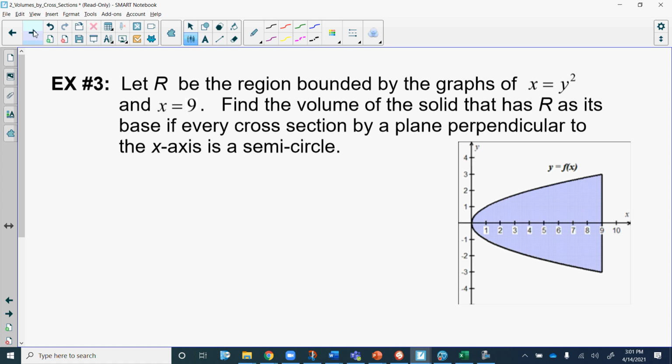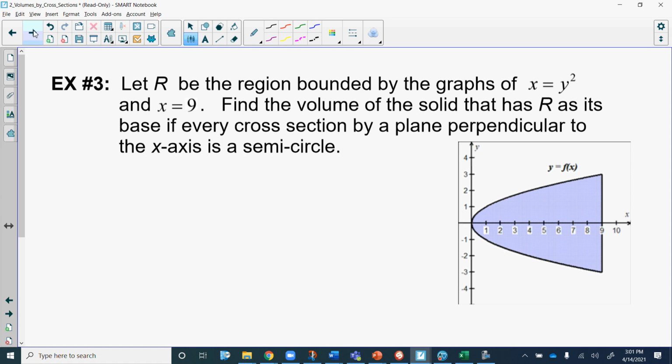Let R be the region bounded by the graphs of x equals y squared and x equals 9. Find the volume of the solid that has R as its base, and every cross-section perpendicular to the x-axis is a semicircle.